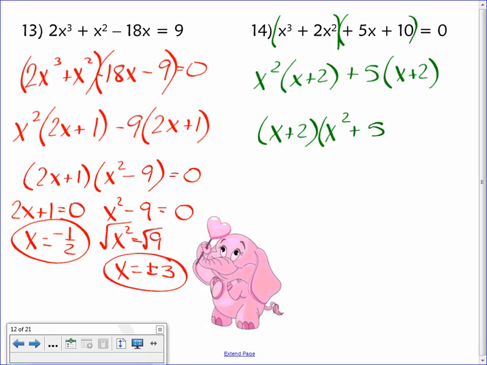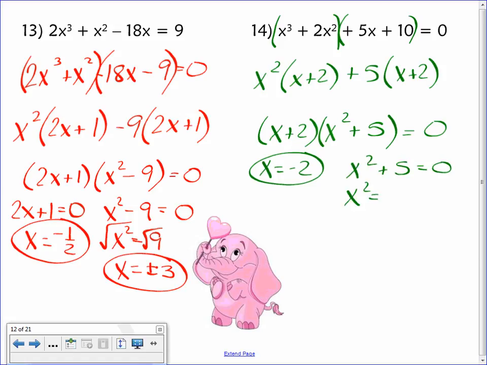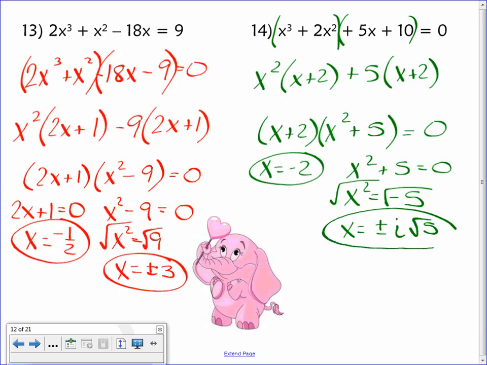It's x squared. That's fine. If that works for you, that's just the way I was trained to do it, so that's the way I always do it. Equals 0. I'll go step by step for this one, just make sure we're okay. So subtract 5, square root, plus or minus. Good.